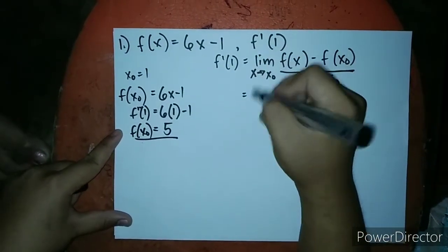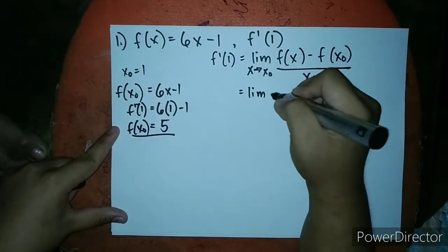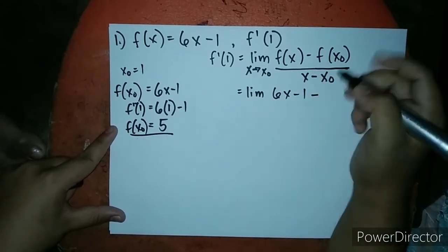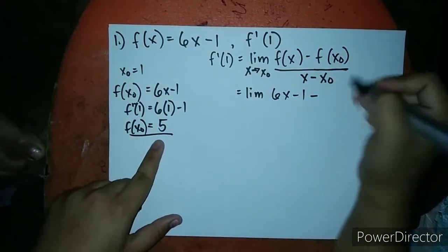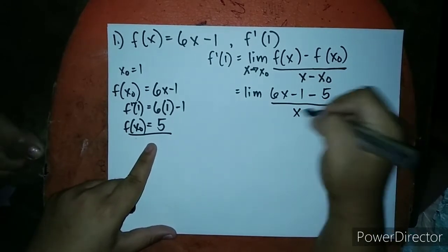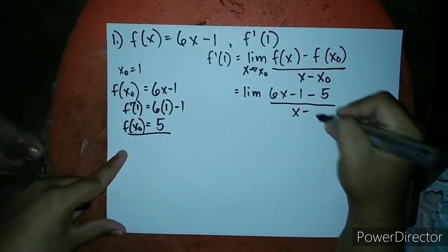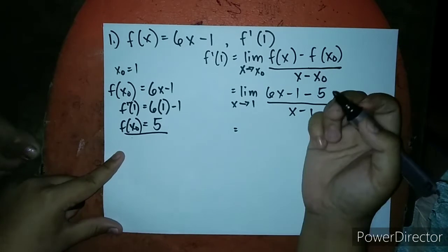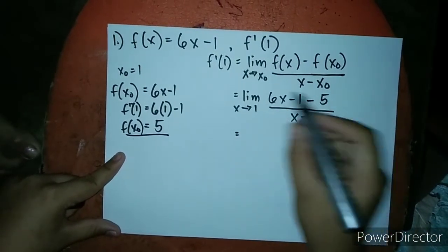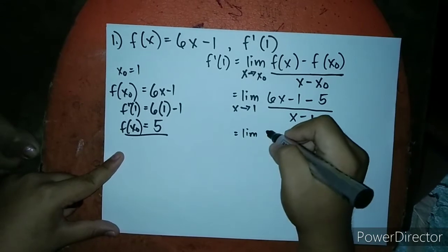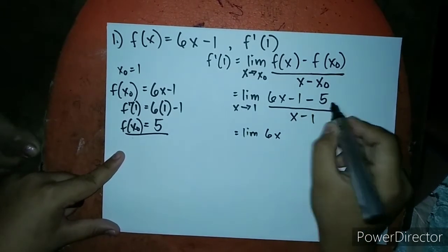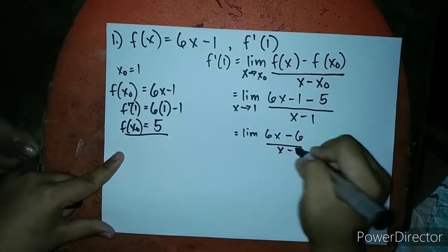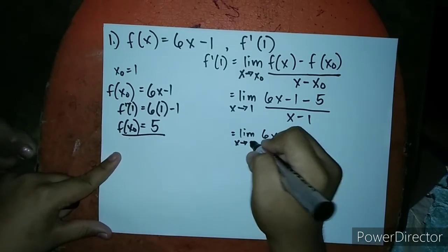So, let's compute na. Limit of f of x, kokopyahin lang natin yung 6x minus 1, minus f of x sub 0, ito yung 5, over x minus, ano yung x sub 0 natin? 1. As x approaches 1 equals, isisimplify na natin to. Limit of 6x minus 1 minus 5 is equals to 6x minus 6 over x minus 1 as x approaches 1.